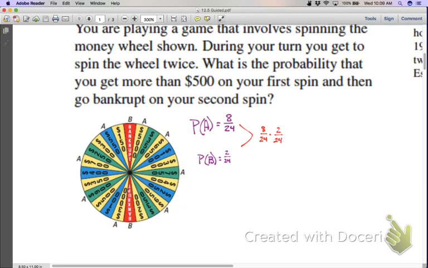I wouldn't be opposed to it. I would probably do something like this, just to make it easier: you have a 1 out of 36 chance of getting something higher than 500 and then getting bankrupt on the second spin.